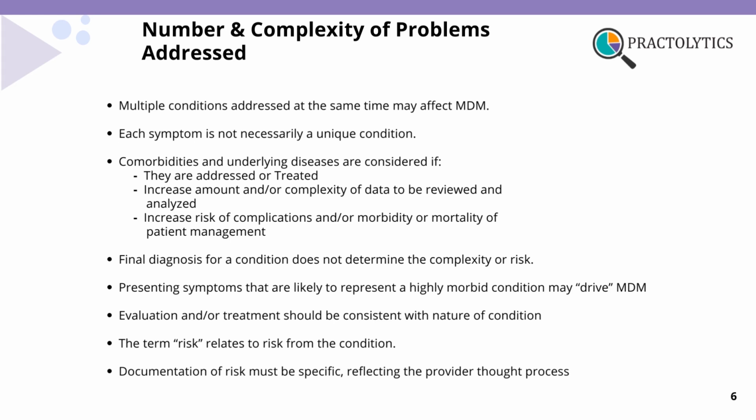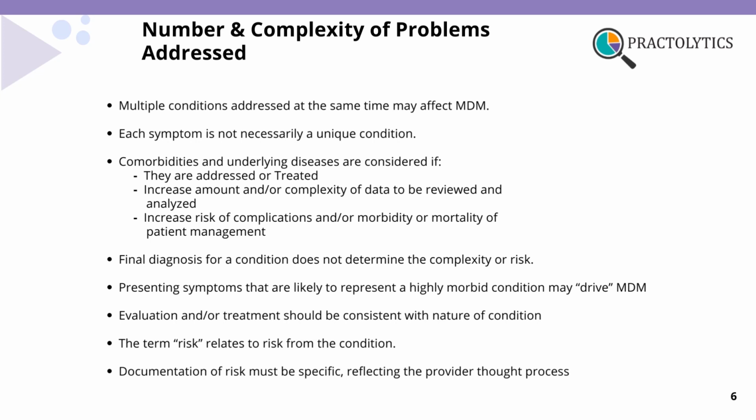Okay, and assessment of risk of the presenting problem is actually based on the risk related to the disease process that is anticipated between the current encounter and the next encounter, and the documentation of the risk must be specific. So, what happened between the current encounter and the previous encounter, or something which is going to happen, is what is going to be key when understanding the subsequent hospital records specifically.